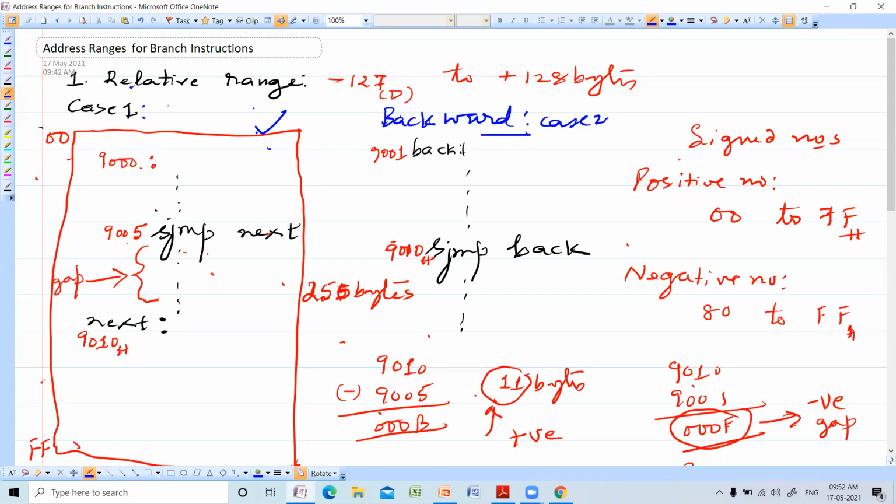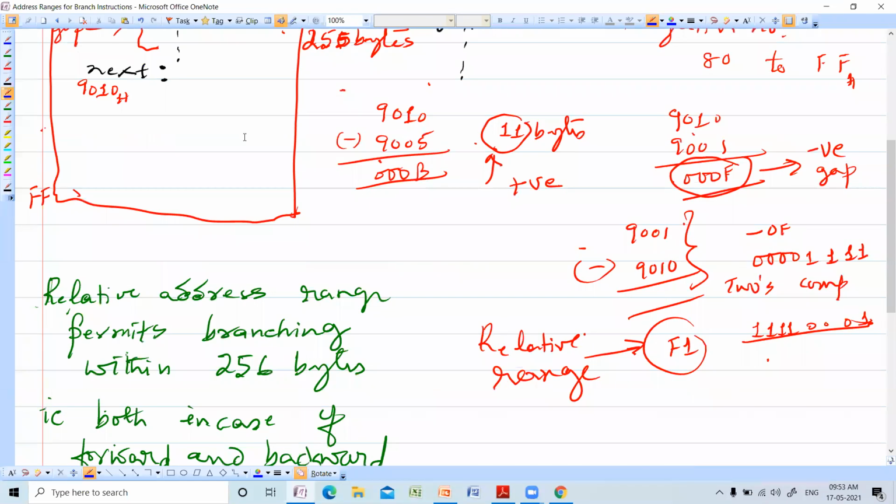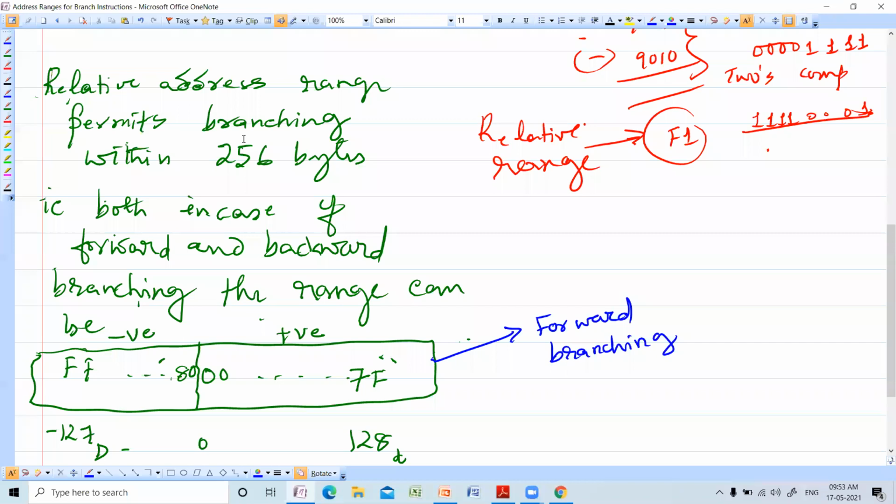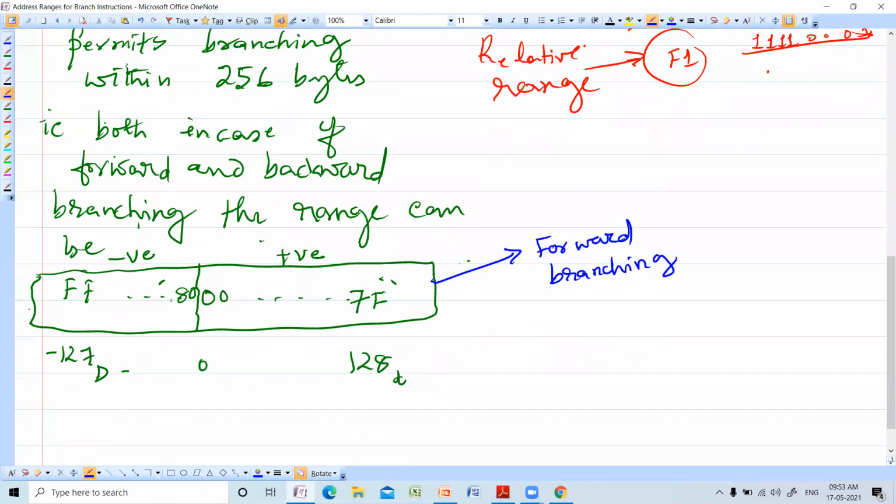So this range is used for forward branching, and this range is used for backward branching.